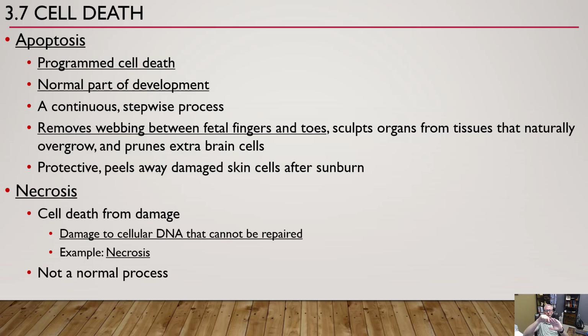Basically, it removes the webbing out of your fingers. When you're in the womb, your fingers are actually webbed, and it's going to remove the webbing between your fingers and your toes. It's going to sculpt your organs, and it's going to take away some extra brain cells. But it also peels away some of your damaged skin after you get a mild sunburn.